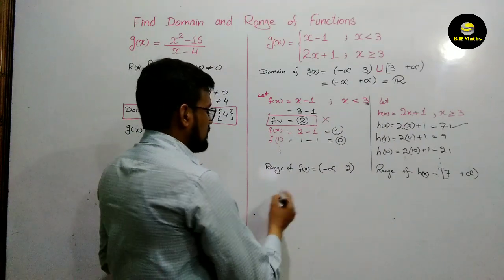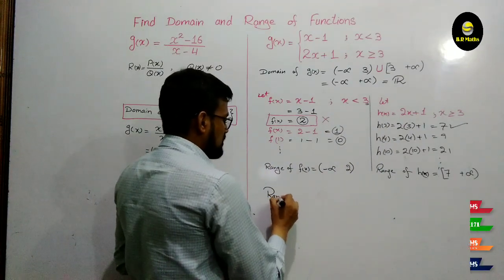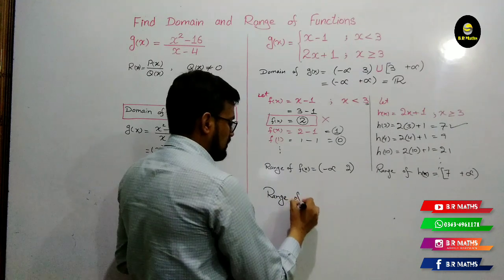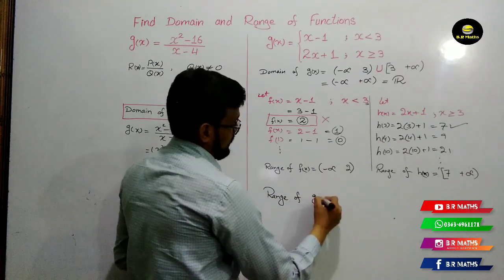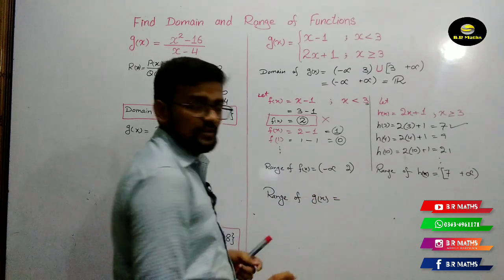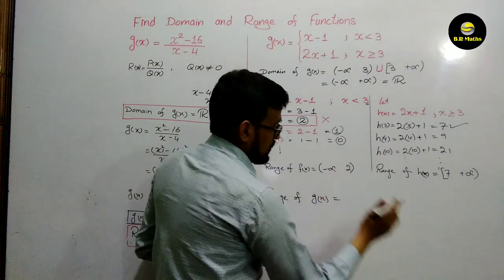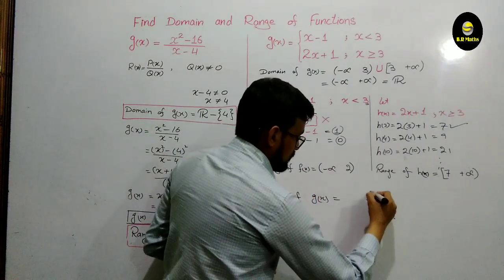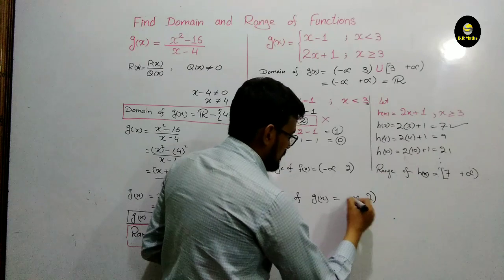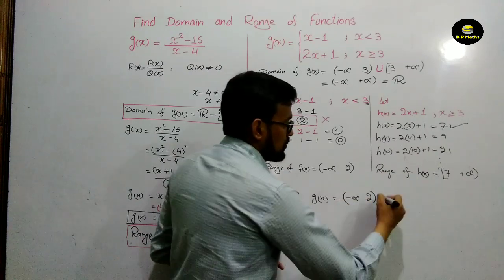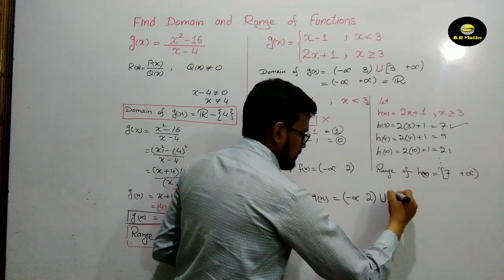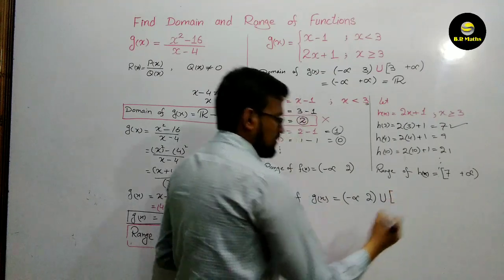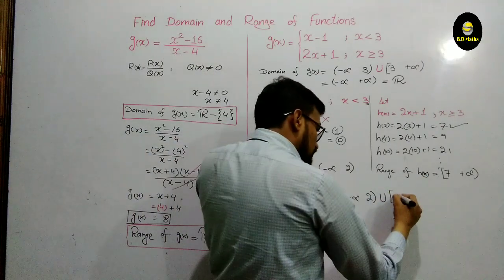So finally, the range of g of x is this one: 2 to negative infinity, and union, here 7 to positive infinity.